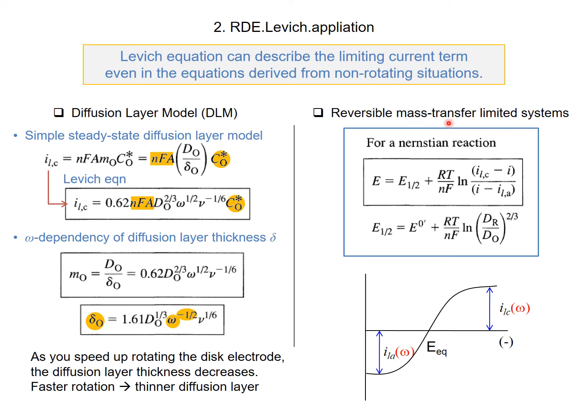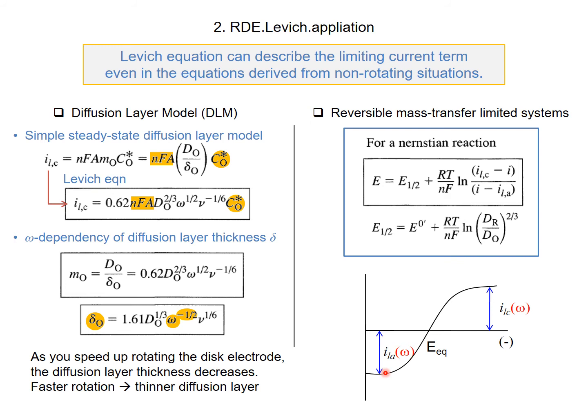Reversible mass transfer limited system. This is the current-voltage curve for the mass transfer limited systems. At equilibrium, the current is 0, and when we go to more negative potential, or sometimes to more positive potential, we would meet the limiting current for the cathodic process and also the limiting current for the anodic process.